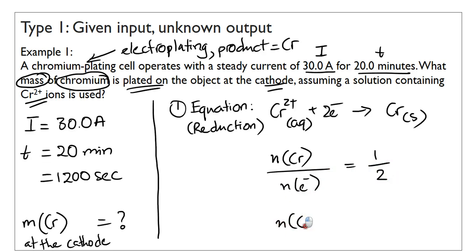Another way of saying it is that the number of mole of chromium is 1/2 times the number of mole of electrons. Okay. So if I can work out the number of mole of electrons, I should be able to find the number of mole of chromium and then find the mass of chromium. And I should be able to find the number of mole of electrons because I have this, and I know there is a relationship between this and the number of mole of electrons. I also ran out of room, so I'm just going to go to the next slide.